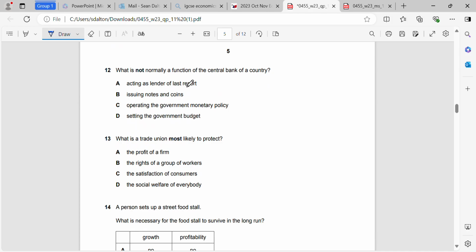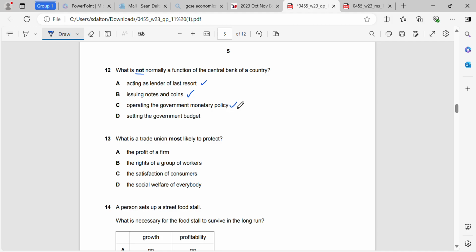What is not normally a function of a central bank in a country? Okay. Do they act as a lender of last resort? Yes, they do. They act as a lender of last resort to commercial banks. Do they issue notes and coins? Yes, they do. They control the money supply. And do they operate the government monetary policy?